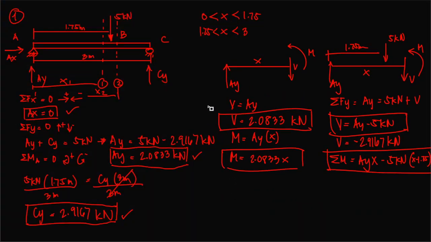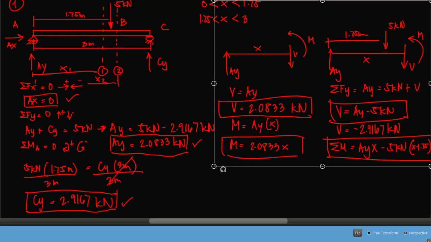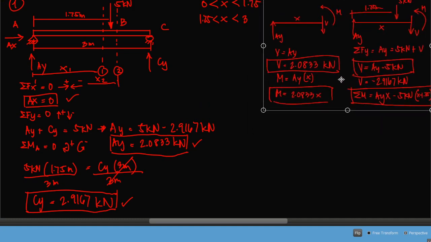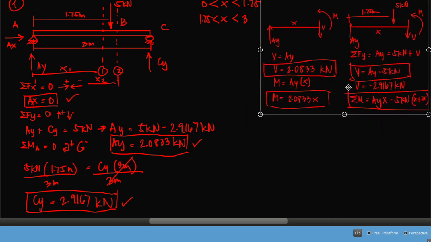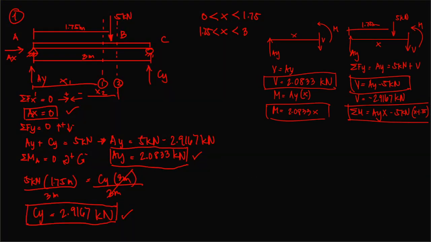So I will be clearing this. Shrinking it for a moment, so I will have space to draw for my diagram. So the diagram will look like this typically, like that.